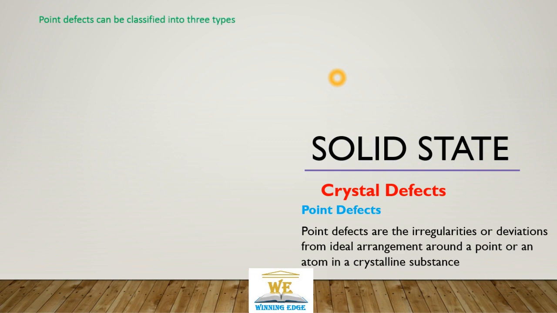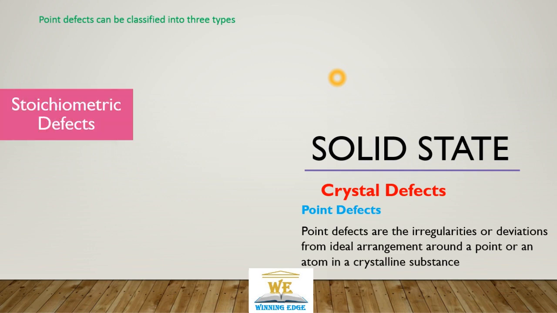Point defects can be classified further into three types. If you remember, we started with defects. They can be line defects or point defects. Now we are talking about point defects, which can further be classified into three types. The first type is stoichiometric defects.